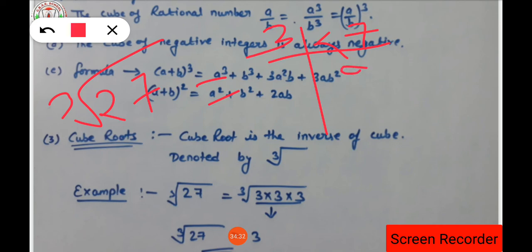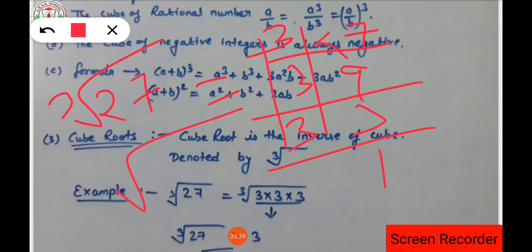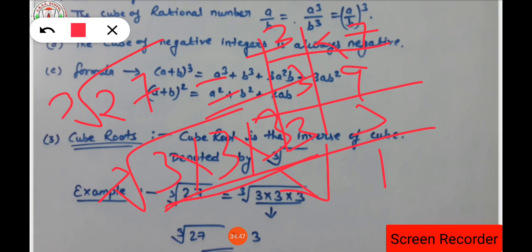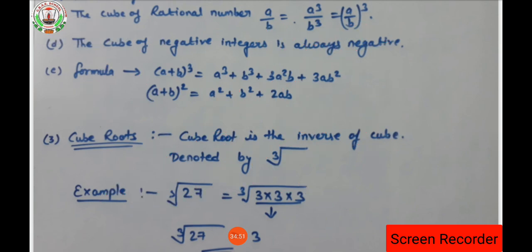So 3, 9, then again 3, then again 3 will be 1. Now how many 3's are there? 3 into 3 into 3. Since it is a cube root, we have to make groups of three numbers, and among the three numbers, one number will come outside. Okay, so in this way we are going to see the cube roots of numbers.